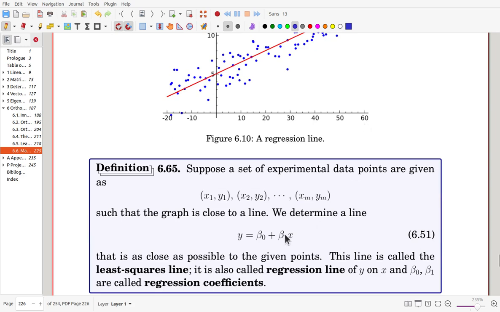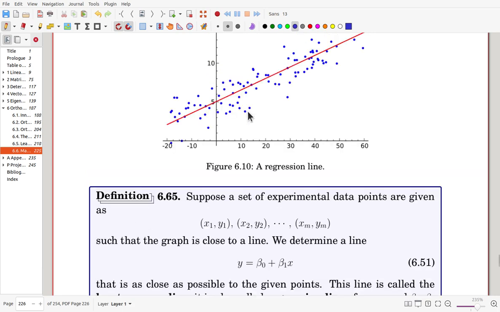Okay, here we have a definition. Suppose a set of experimental data points are given as here, (x1, y1) is a point and another point, and there are m points. Each dot is a point, such that the graph is close to a line.